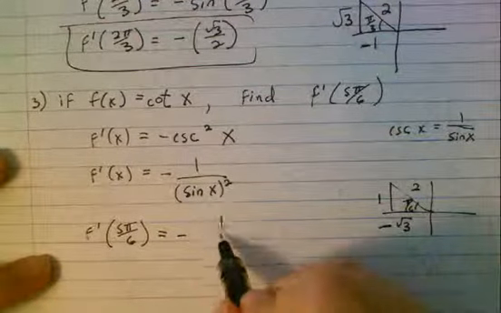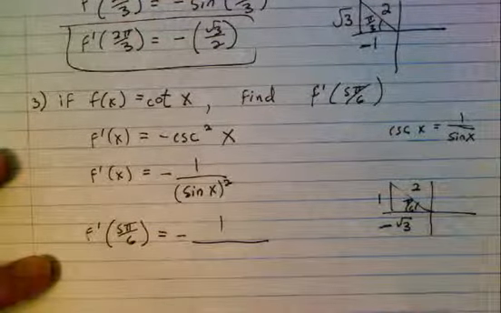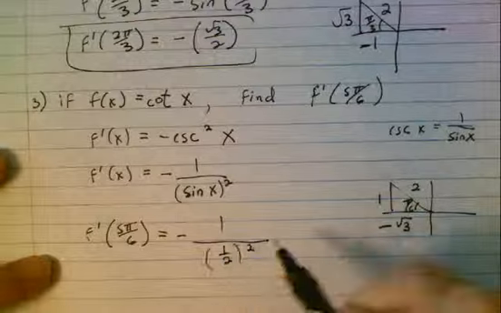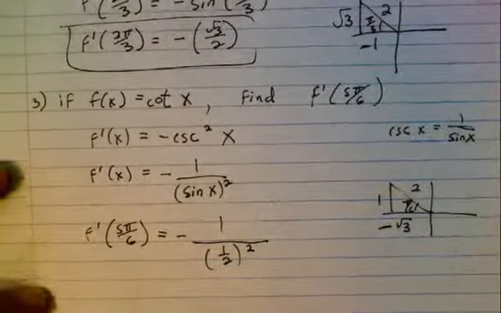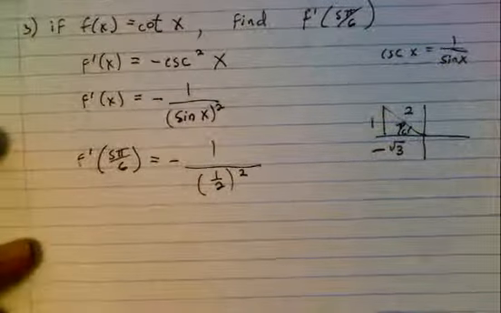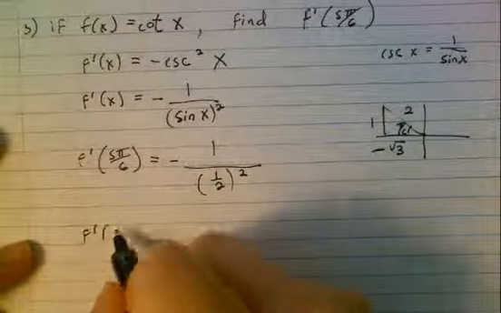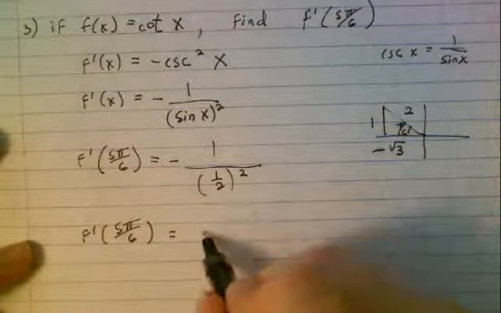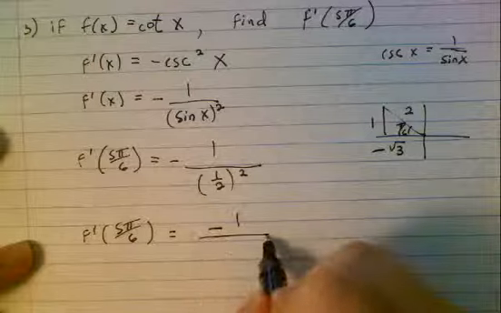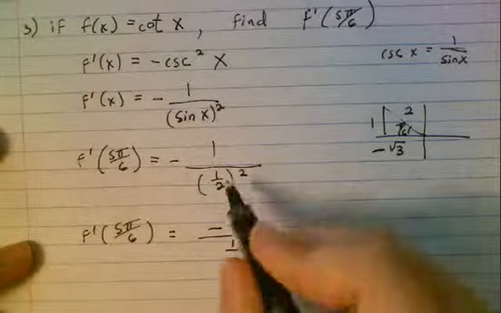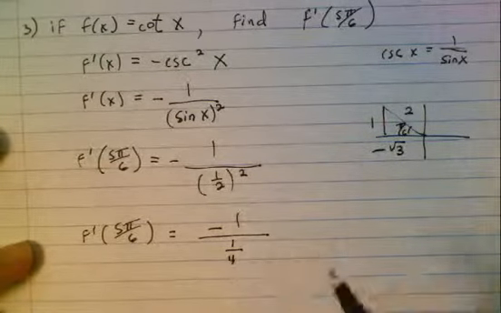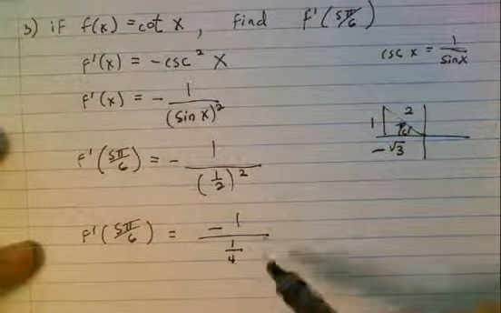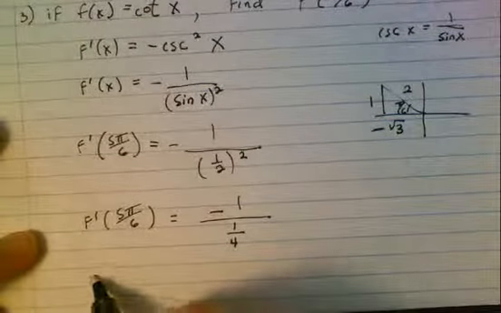So we're going to do negative 1 over the sine, which is the opposite over the hypotenuse, and that's squared. When we square that, we've got negative 1 over 1 squared is 1, 2 squared is 4. And now we remember that when we divide by a fraction, that's the same as multiplying by the reciprocal.